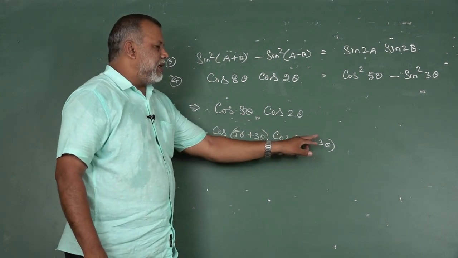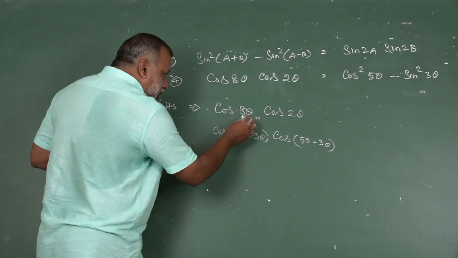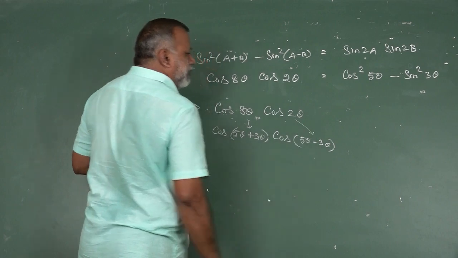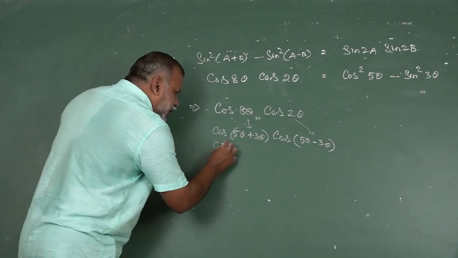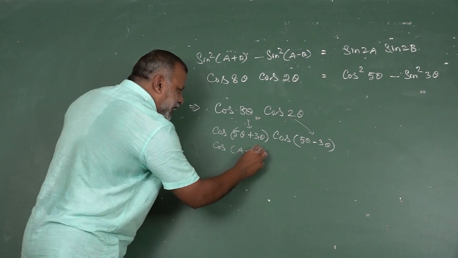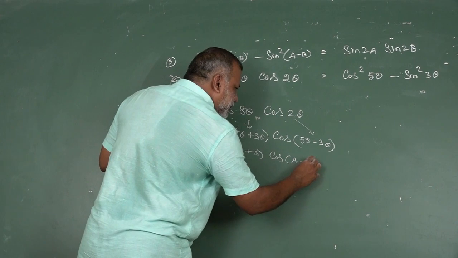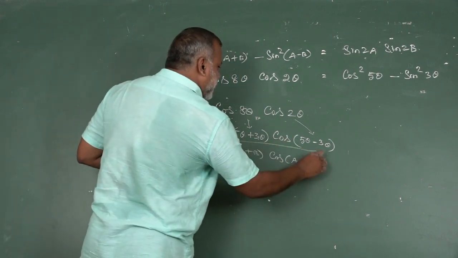Then 5 theta minus 3 theta, we are subtracting, we get 2 theta. So this 8 theta can be simplified like this, and 2 theta can be simplified like this. Now it is in the form of cos of a plus b into cos of a minus b. Just now we proved this one in your question number 2.